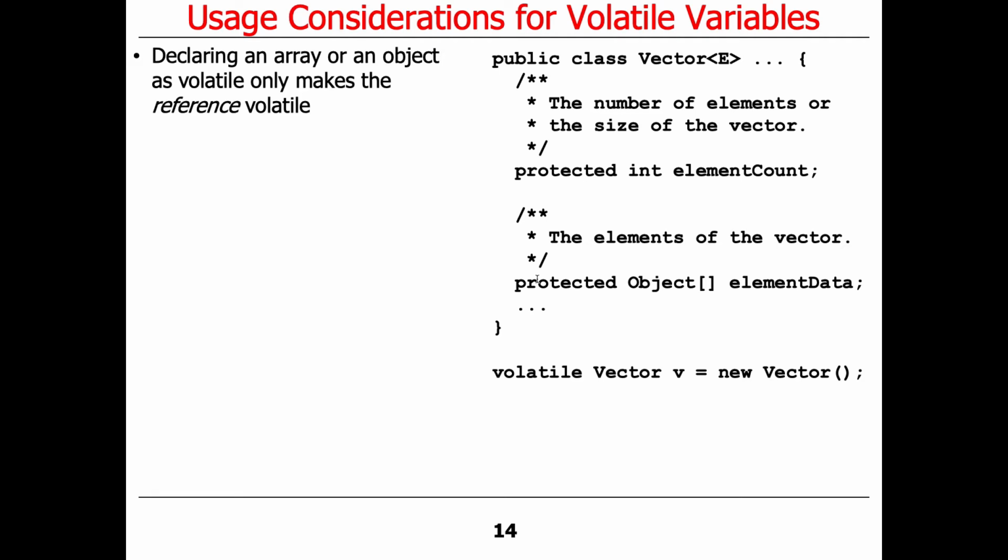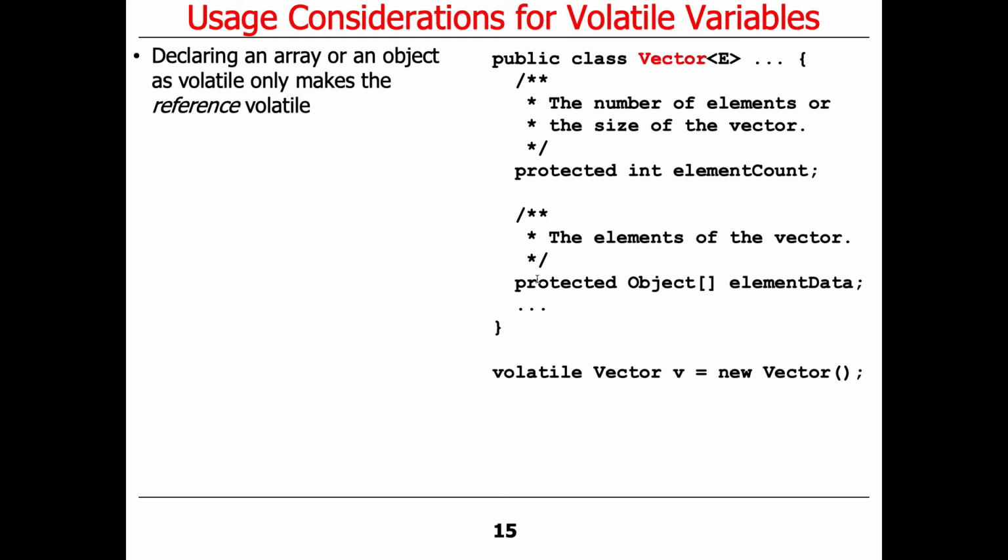Now here's another interesting thing that's often very confusing. So if you define a reference, if you have like an object or an array, and you make that volatile, it only makes the reference volatile. It doesn't actually make the object volatile. And this is actually kind of silly in a way, because making the reference volatile is pointless because references are already atomic.